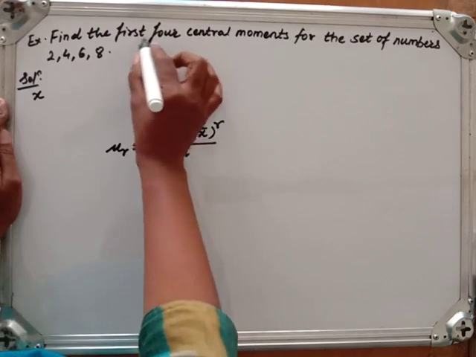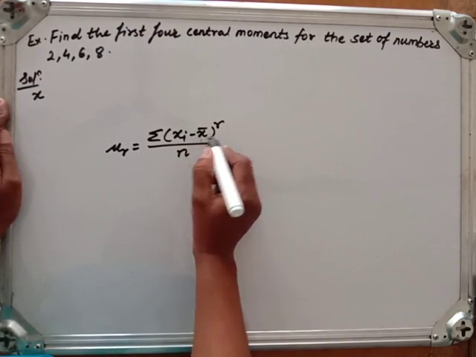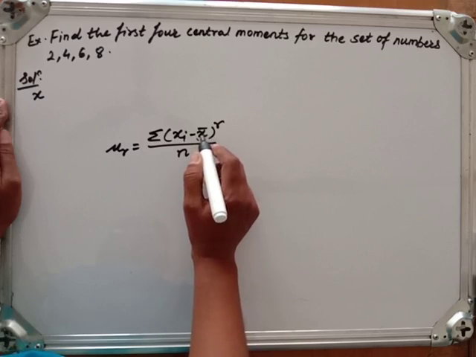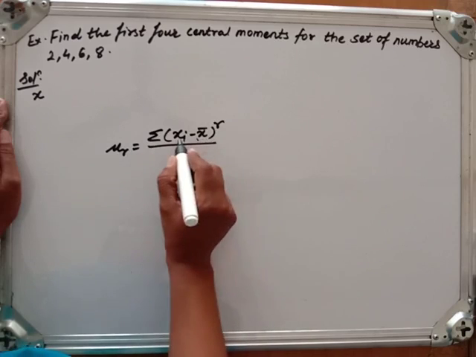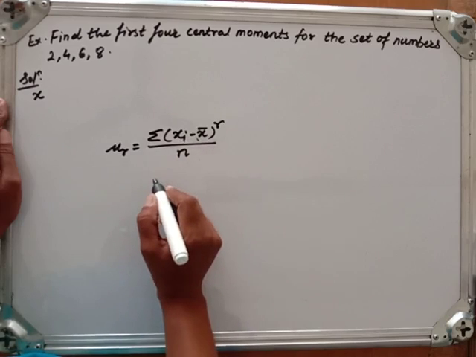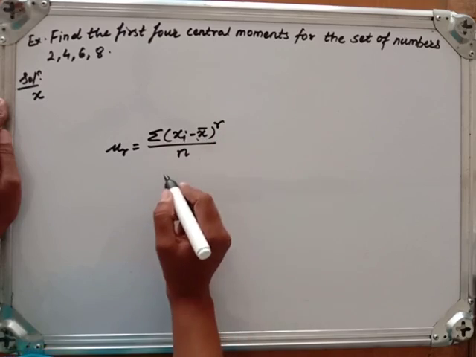Now we have to find the first four central moments, that is mu 1, mu 2, mu 3 and mu 4. But here this x bar is the mean. So first of all we need to find the arithmetic mean, and later on we need these terms also. For mu 1 we need xi minus x bar, for mu 2 (xi minus x bar) square.